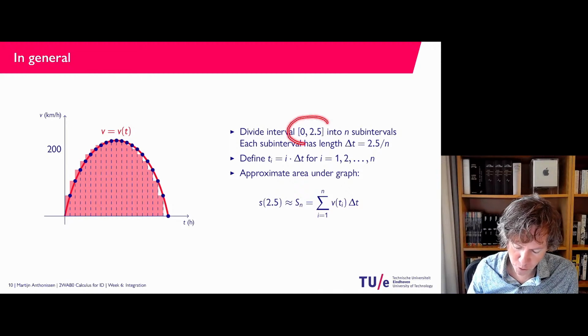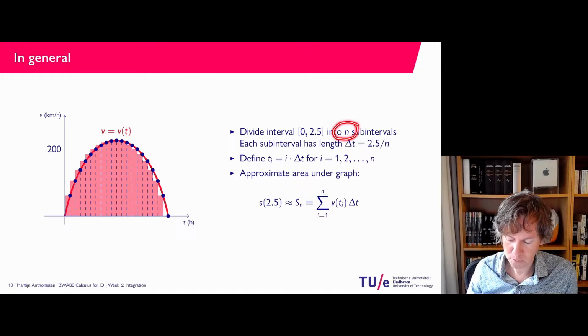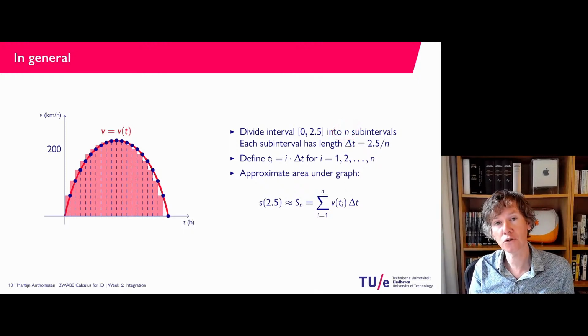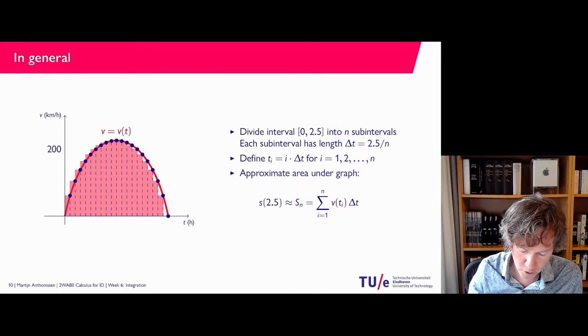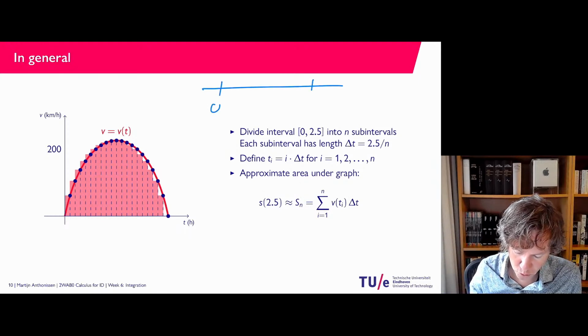So the time interval we're considering goes from 0 to 2.5 hours. We're going to cut that into n subintervals. So nothing exotic is going on here. This is just we have the time interval from 0 to 2.5 hours, and we're going to cut that into equal bits.